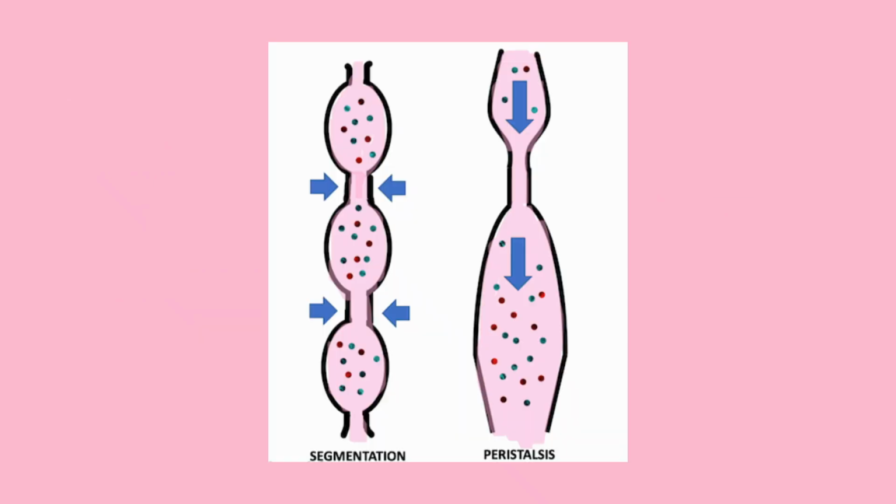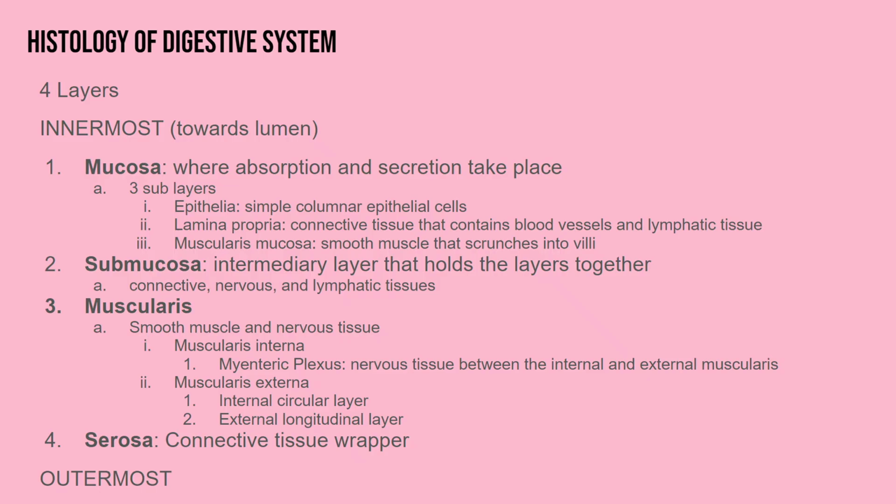So here's another visual of segmentation and peristalsis. And then here's histology. You've got 4 layers throughout the digestive system lining. So you have mucosa, and this is where absorption and secretion take place.